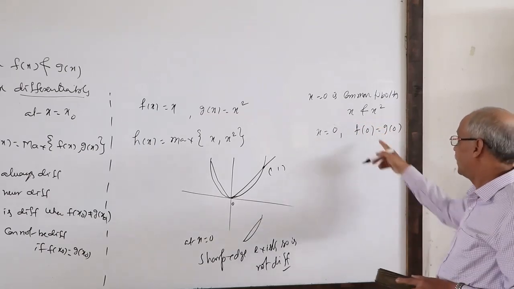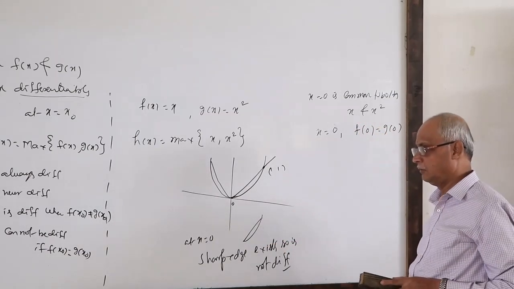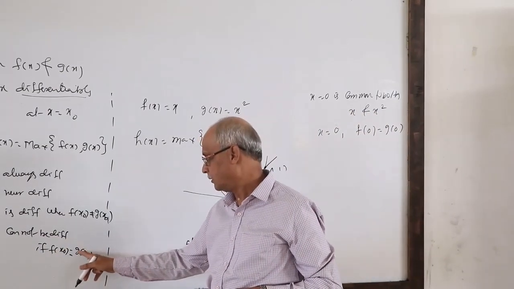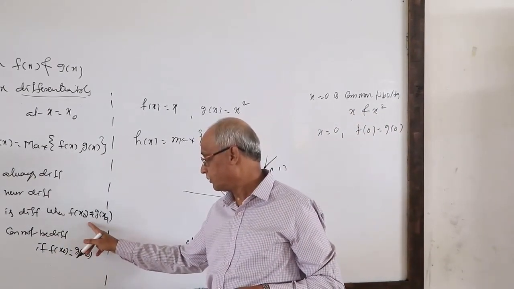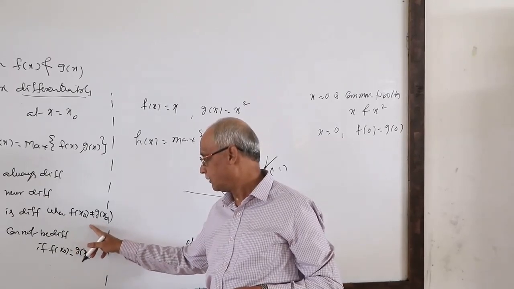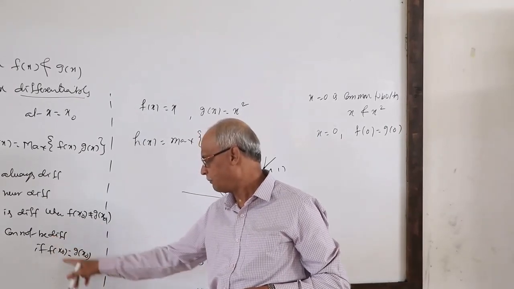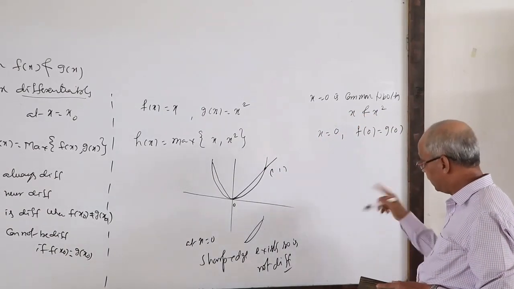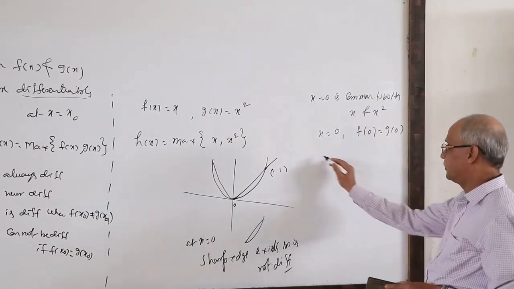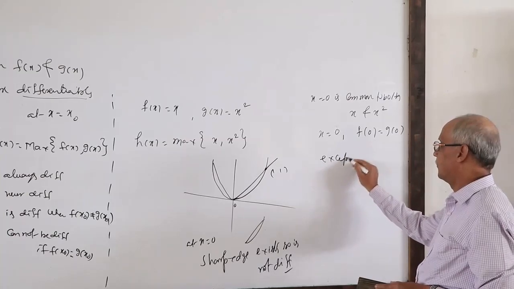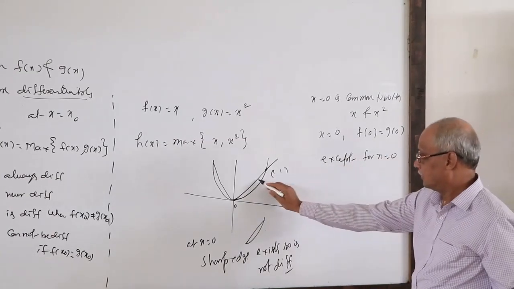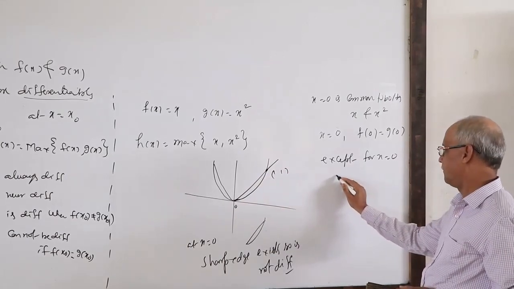That means when they are equal, it is not differentiable. When they are equal, not differentiable. When they are not equal, differentiable, except for x is 0, differentiable. Okay.